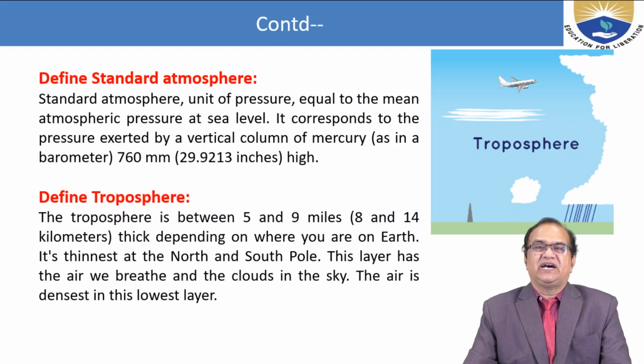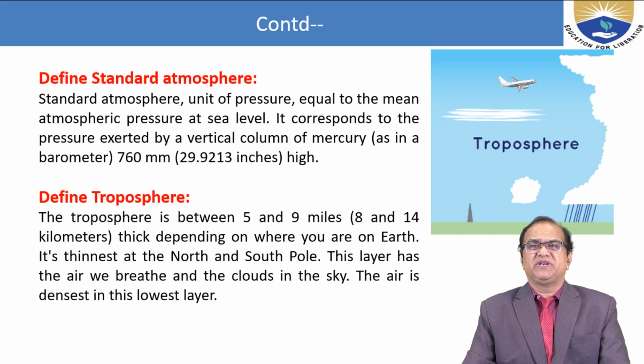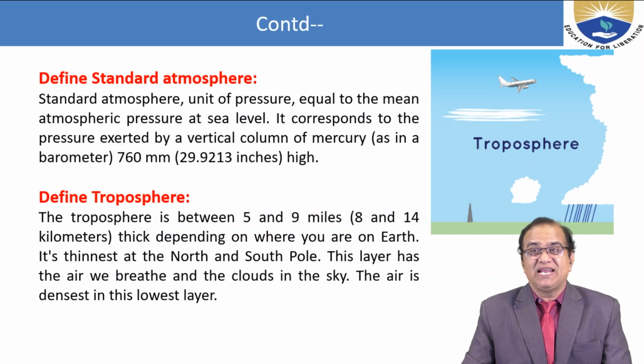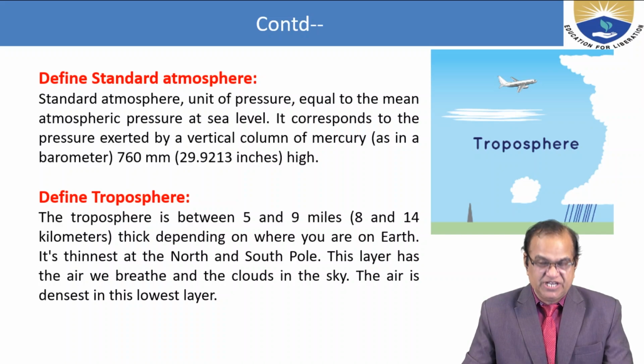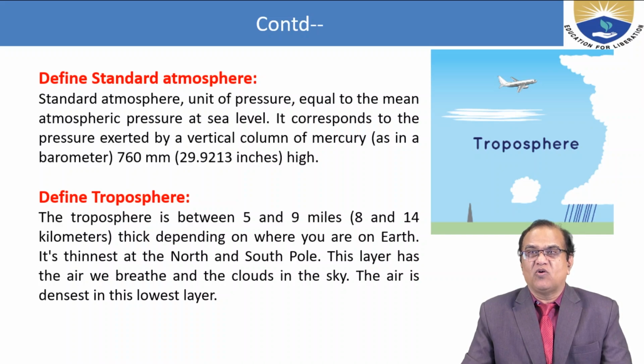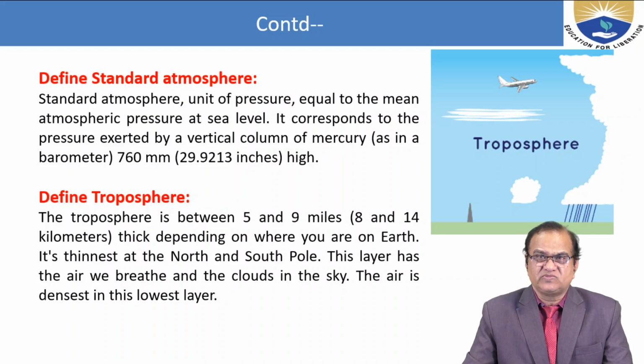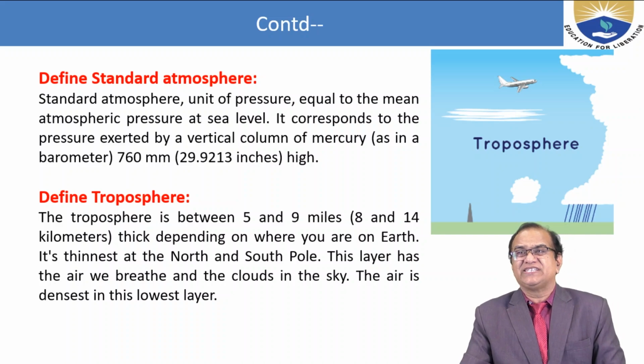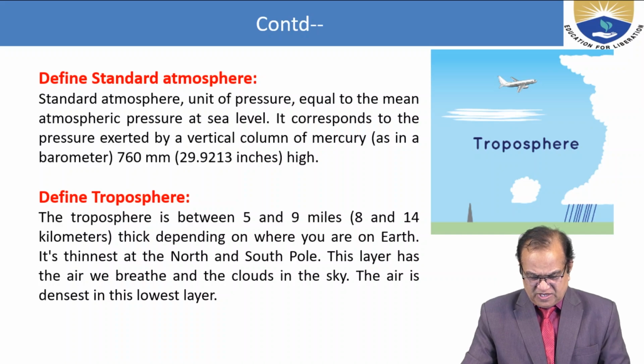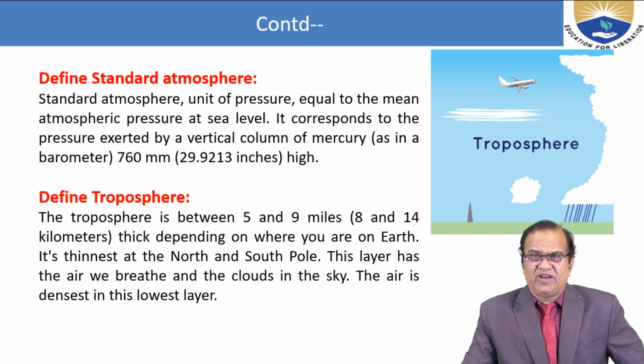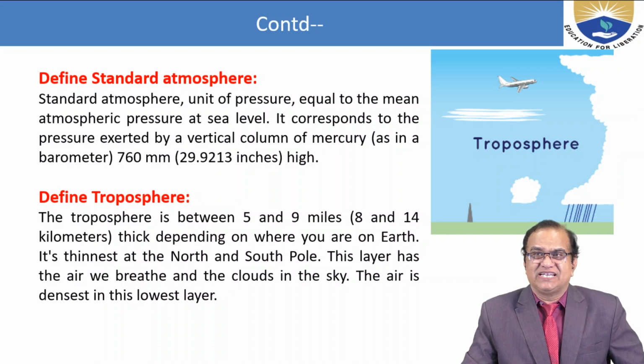The troposphere is between 5 and 9 miles, or 8 and 14 kilometers thick, depending on where you are on the earth. It is thinnest at the north and south poles, nearly 8 kilometers. This layer has the air where we breathe and the clouds in the sky.